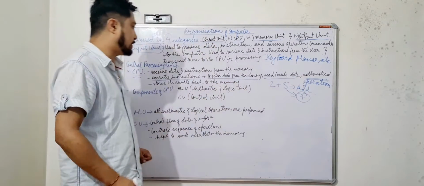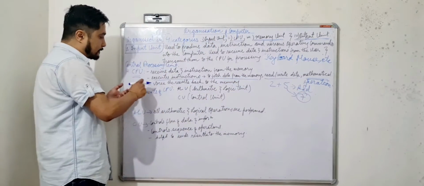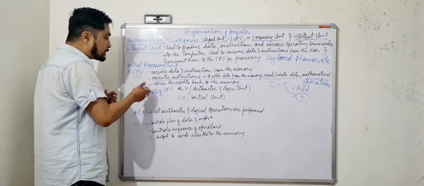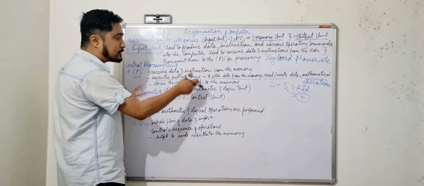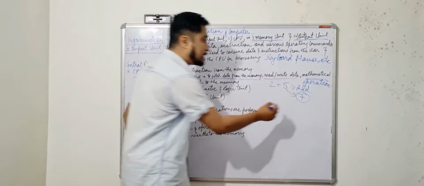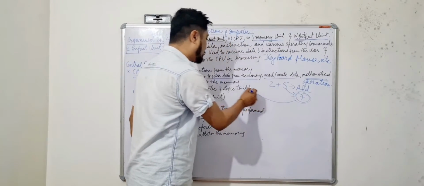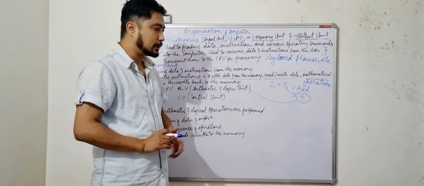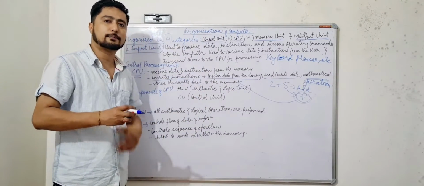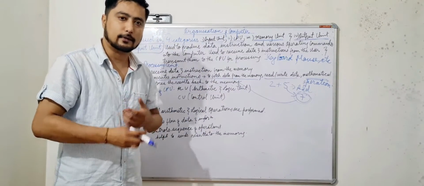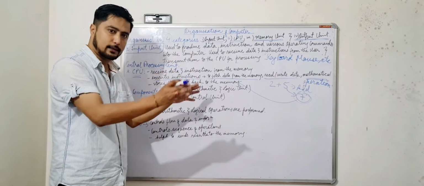And then another function of the CPU is to store the result back to the memory. So this result will be stored back to the memory. So this is how the central processing unit or CPU works. All the processing part is done.